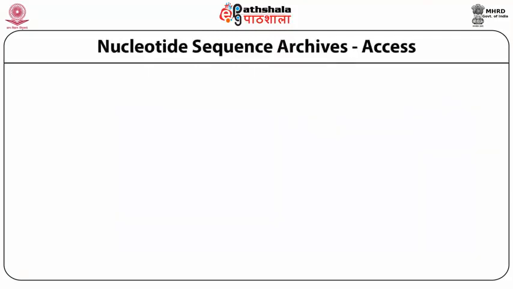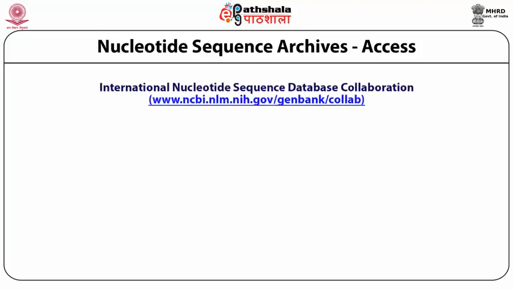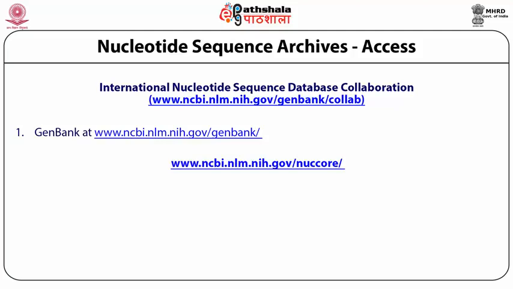The International Nucleotide Sequence Archives collaboration is the main database of nucleotide sequences, having 3 collaborators. First is GenBank at the National Center for Biotechnology Information in the United States of America, that is NCBI.